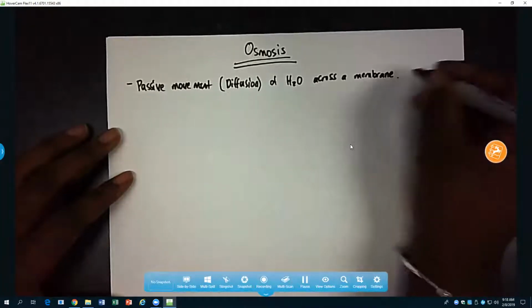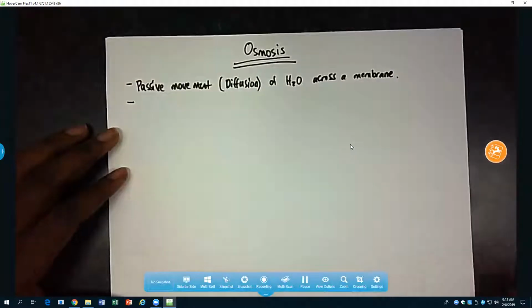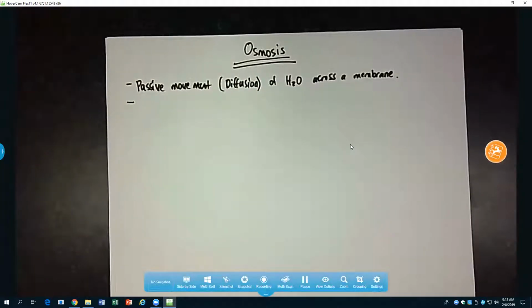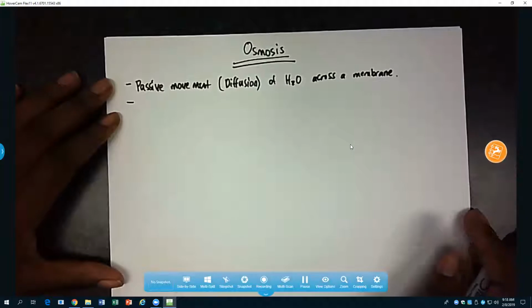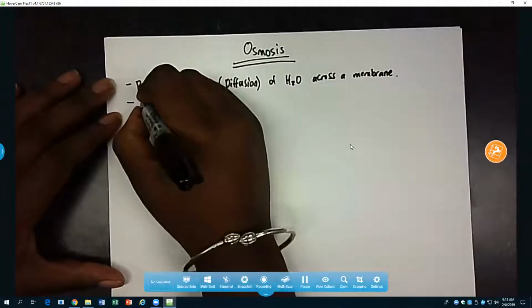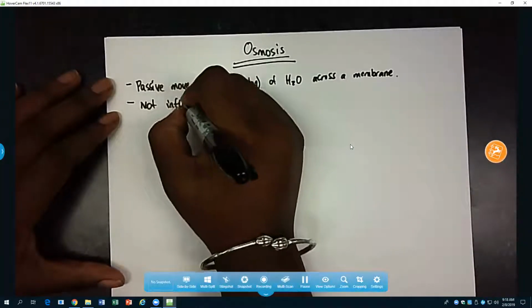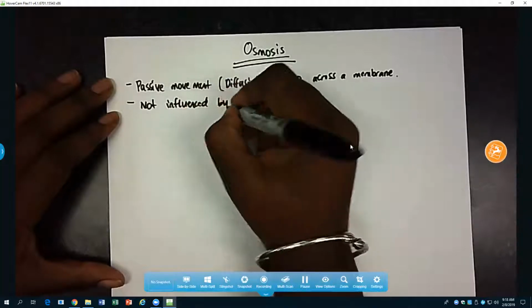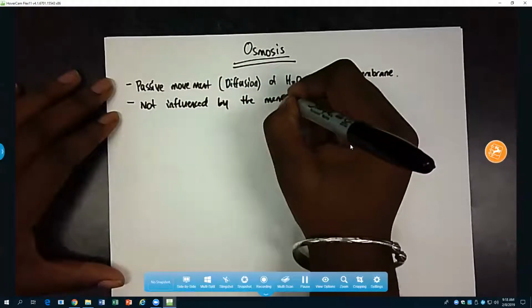Now, it is not influenced by the membrane potential, so it's independent of the membrane potential, just because water is not being treated like a charged particle or any other type of substance. Okay, water freely moves across that membrane.